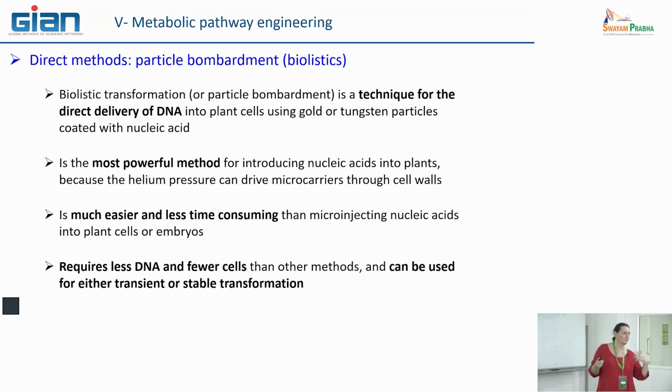The first one was a modified gun to bombard plants with particles, and these particles need to be very strong, so they are gold or tungsten, and they are covered by DNA, plasmids for example, or crude DNA.